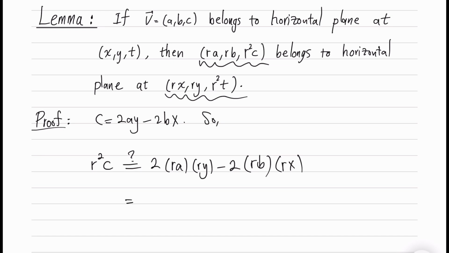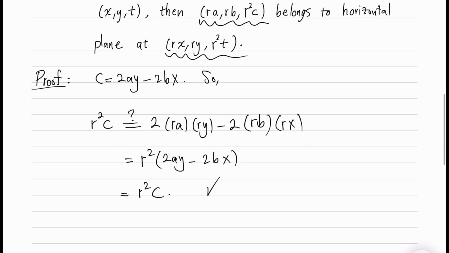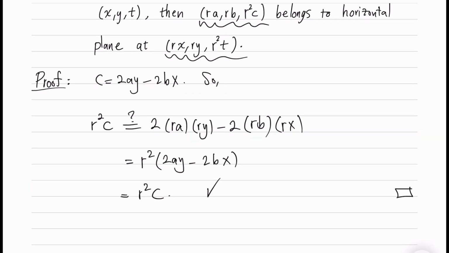And then we see that this is r squared times (2ay minus 2bx), and then from assumption we had that this was equal to c, and that checks. So this means that this new vector, say v tilde, belongs to the horizontal plane at this new point.